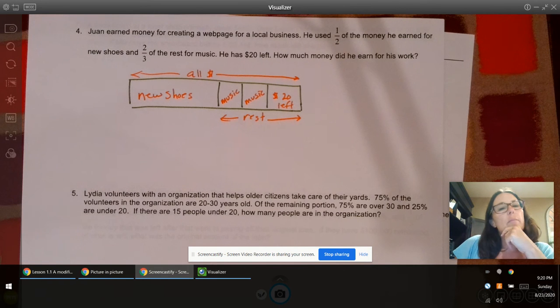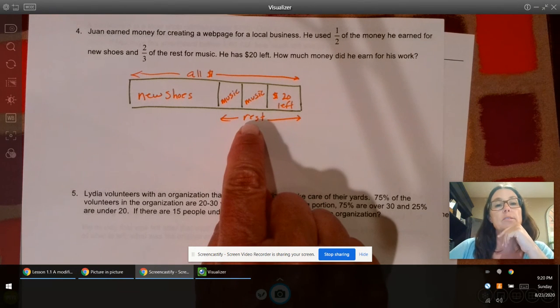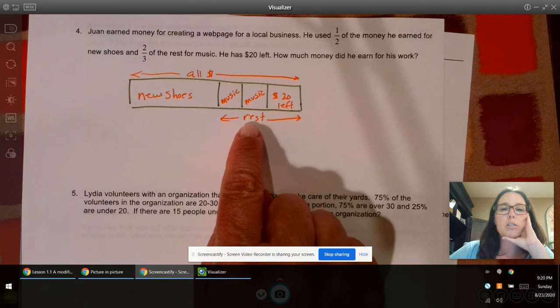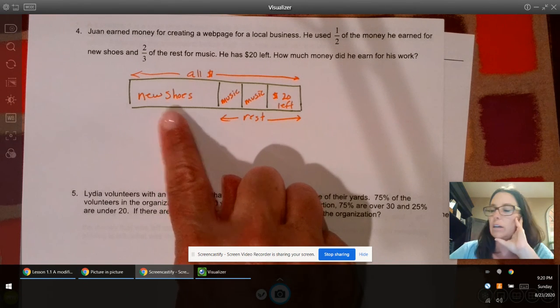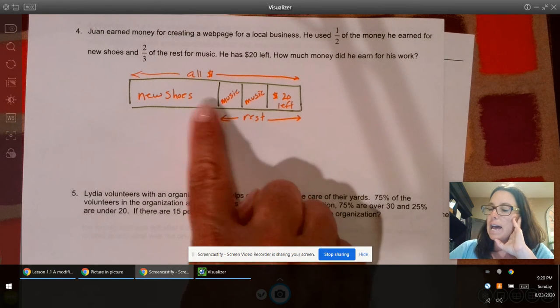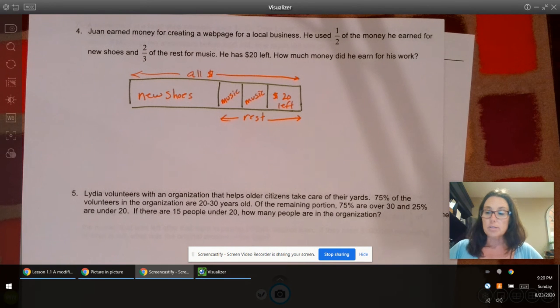What if I asked how much was the rest? Hopefully you're saying 60. 20, 20, 20 comprises the rest. Okay, how much did he spend on new shoes? Hopefully you're thinking if this is half, that would be $60 also.